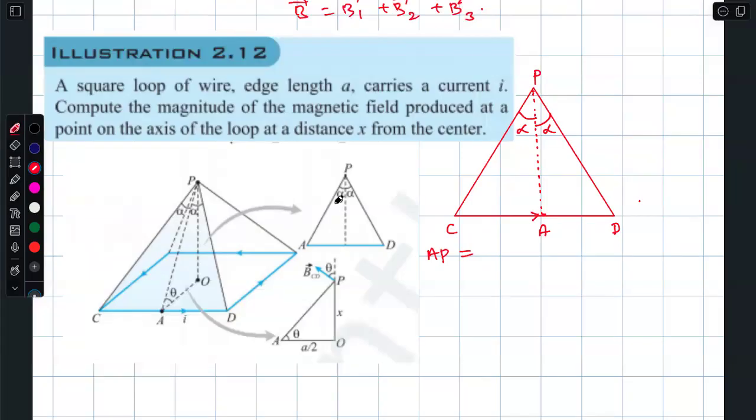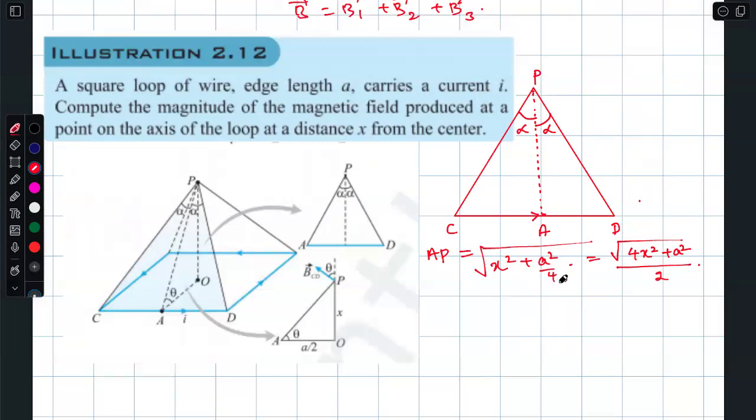See, from the triangle AOP, you can say AP is under root x square plus A square by 4. Clear? See, in these problems, your problem is geometry, which means 4x square plus A square. AP is done. Any doubt?